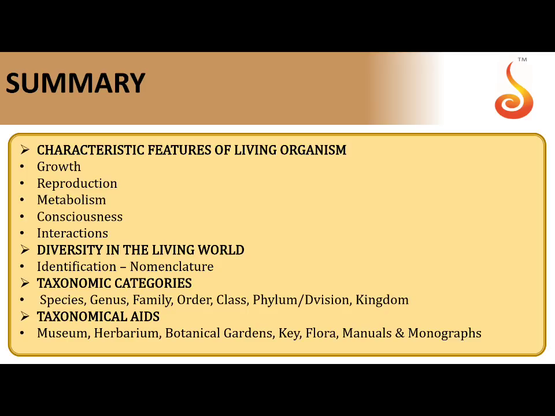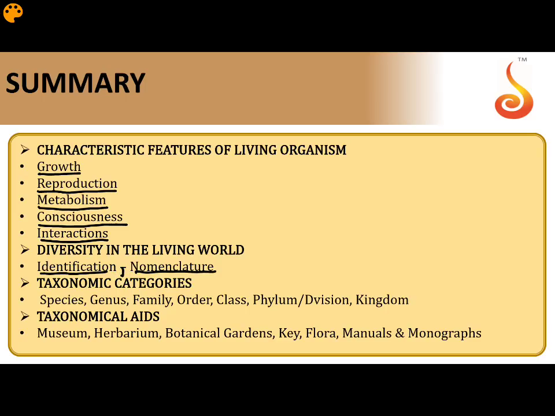So in today's class, we have understood the characteristic features of living organisms which make us so different from non-living things. They are growth, reproduction, metabolism, consciousness and interaction. Then we also understood the word nomenclature given by Carolus Linnaeus after identification.